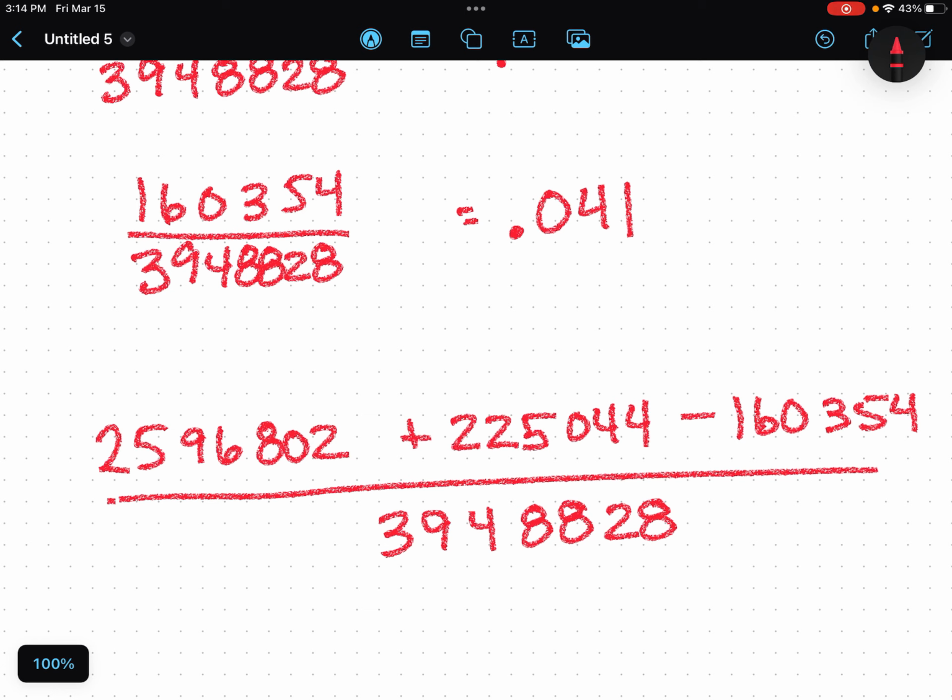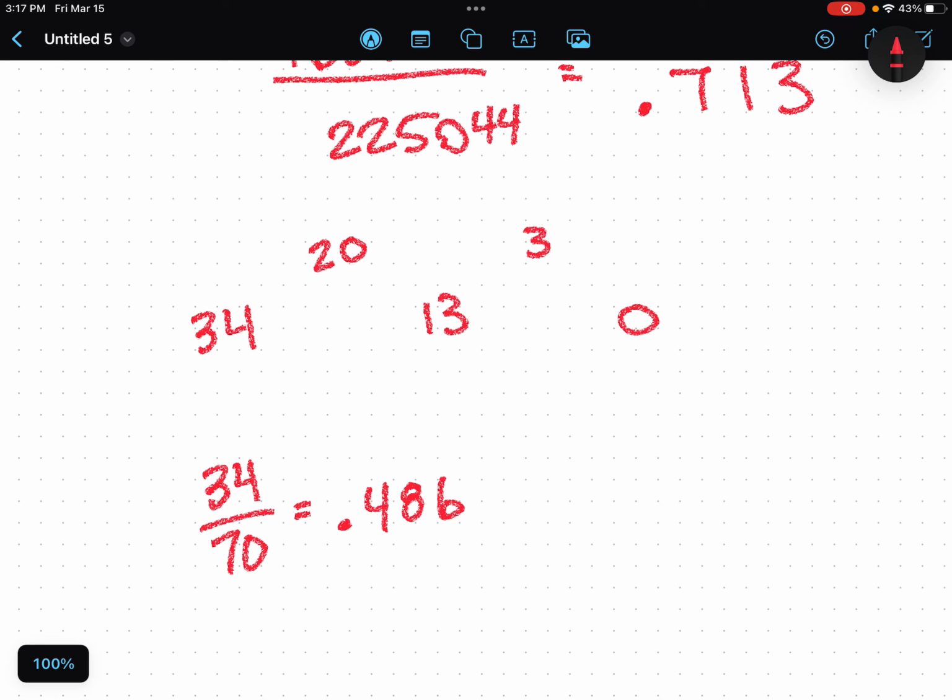So, first of all, he hit 70 of them. We know that. So I took 34 divided by 70, and I ended up with 0.486. What that means is, if you go to 3 decimal places like that, Mark McGwire would hit 486 home runs out of 1,000 to left field.